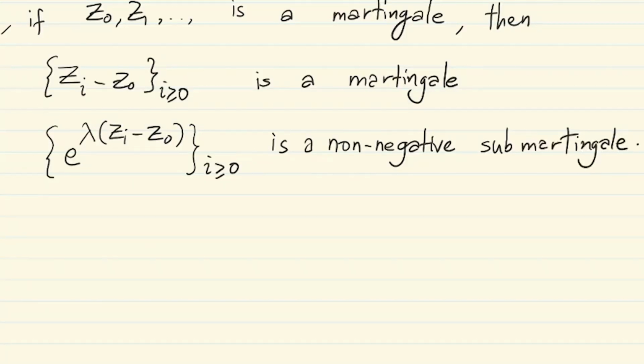You can easily check this; I'll leave it to you to check the reason. But roughly, the abstract reason is that if you apply any convex function to a martingale, the resulting sequence is a submartingale.